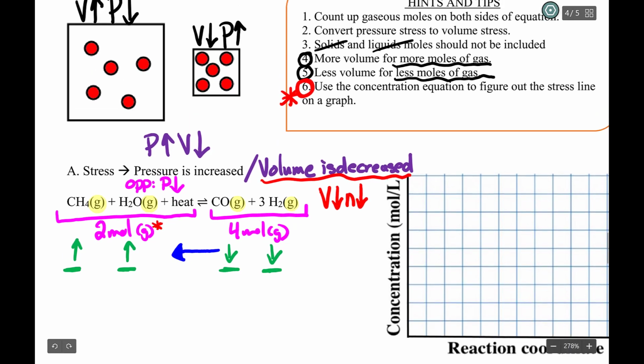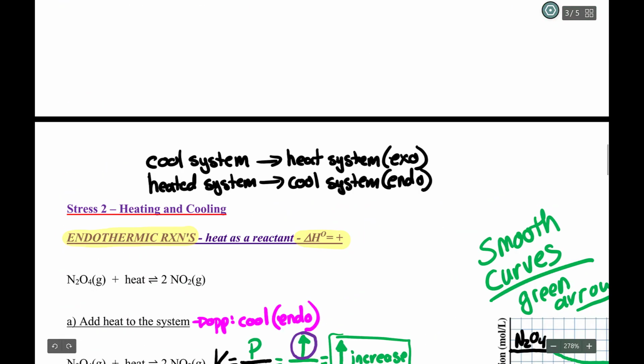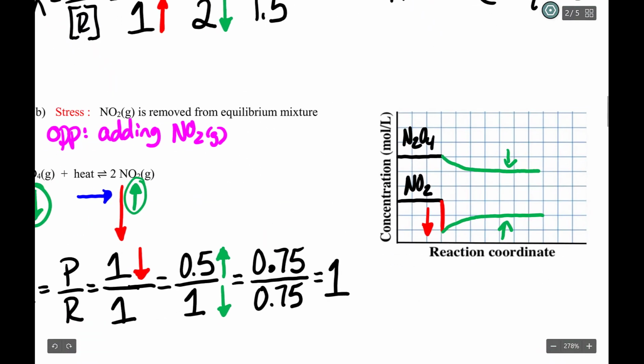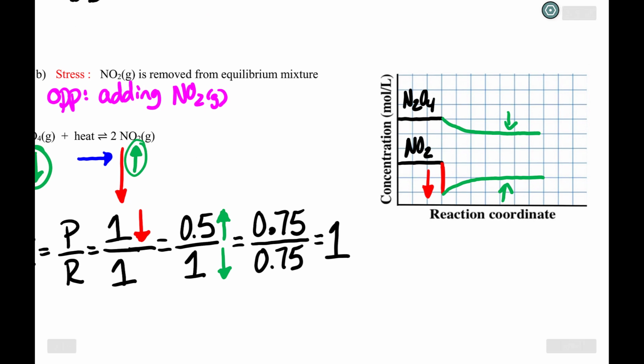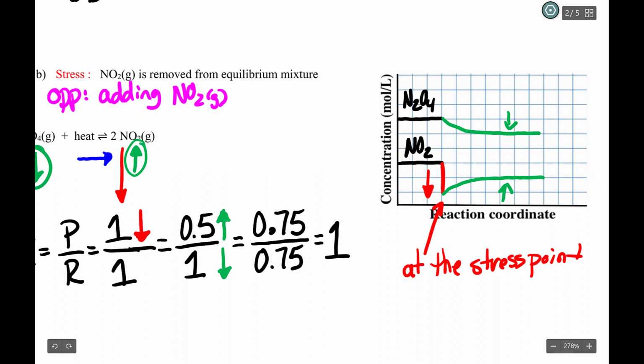For example, looking back at my stress point on this question, I removed NO2. This line going straight down tells me what happens at the stress point. The green arrows tell me what happens after the stress to get back to equilibrium.